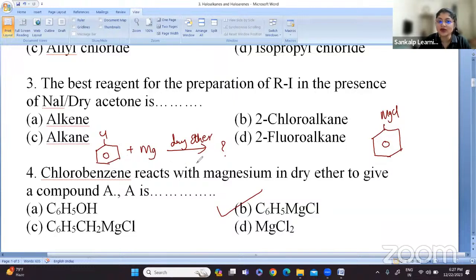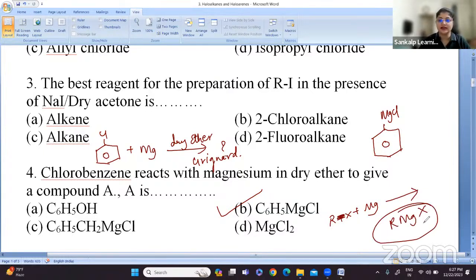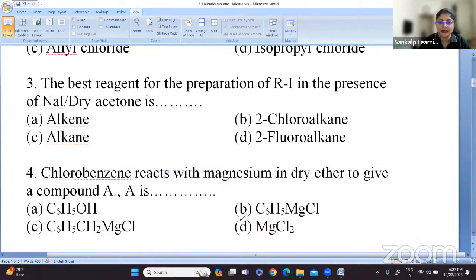This is a reaction called Grignard reagent formation. RX plus Mg gives you RMgX. Okay, so this is our reaction. This is a Grignard reaction. You're forming a Grignard reagent. So our option is option number B.